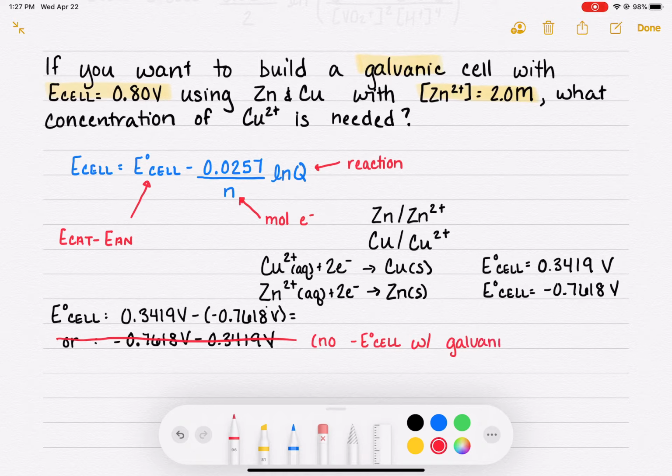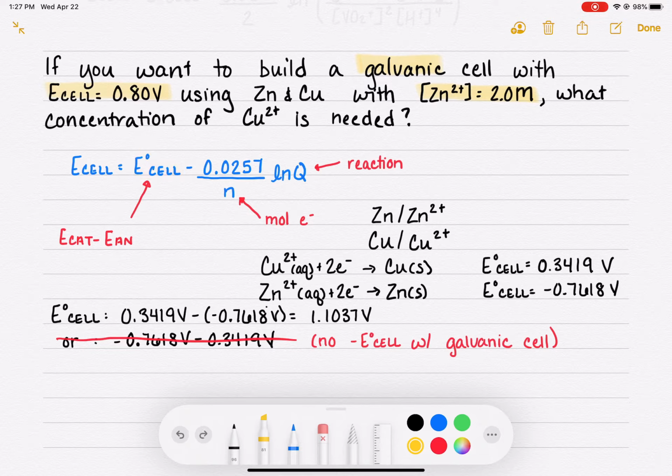It has to be a positive voltage. So the first one is the correct order for our voltages. 0.3419 plus 0.7618 gives us 1.1037 volts.